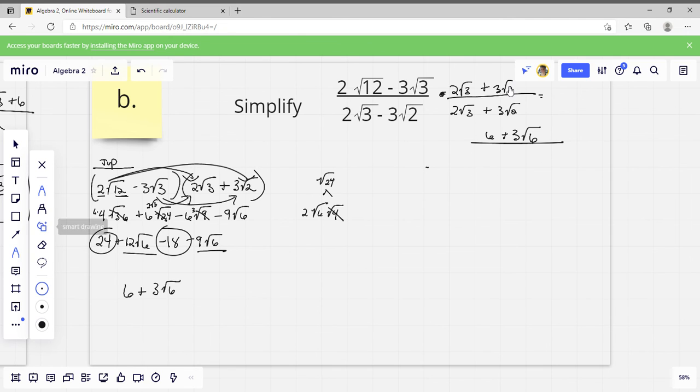Okay, and now we need to do the bottom, which is going to be 2 square root of 3 minus 3 square root of 2 times 2 square root of 3 plus 3 square root of 2. All right, first, 2 times 2 is 4, square root of 9. Okay, and then this will be plus 2 times 3 is 6, square root of 6.